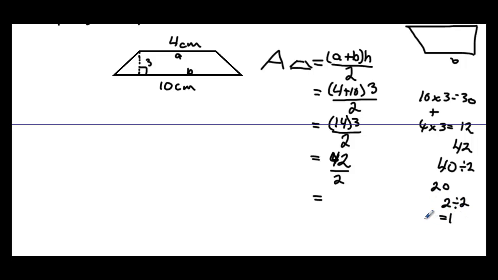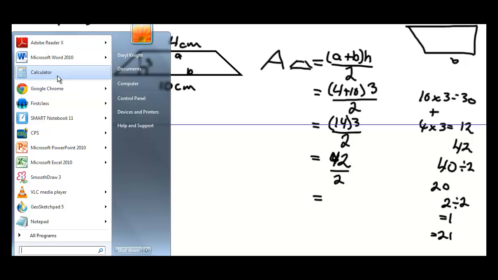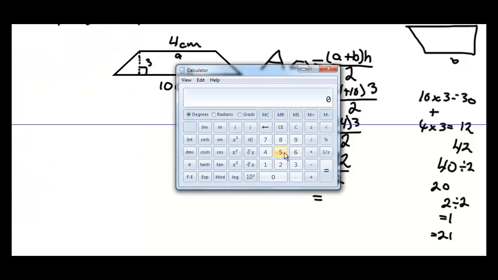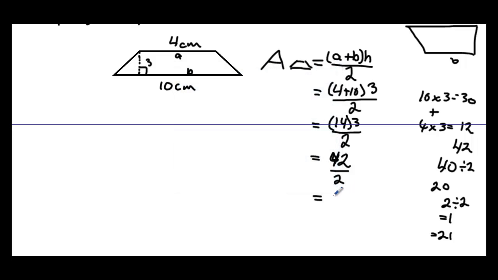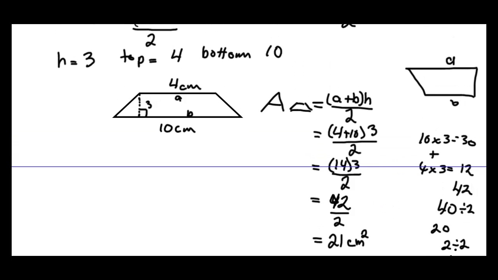So I put them together, I end up with 21. Or I can double check on my calculator, depending on my mathematical skills. 42 divided by 2 equals 21. So the area of this trapezoid now is 21 centimeters, and because we're looking at area, it's always squared. So that's how you would find the area of a trapezoid.